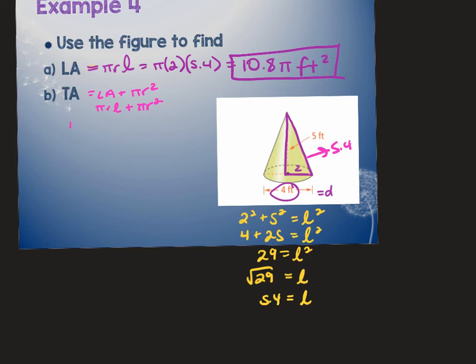Pi r L we know is 10.8 pi. Then pi r squared is pi times 2 squared. So 10.8 pi plus 4 pi, which is 14.8 pi feet squared.